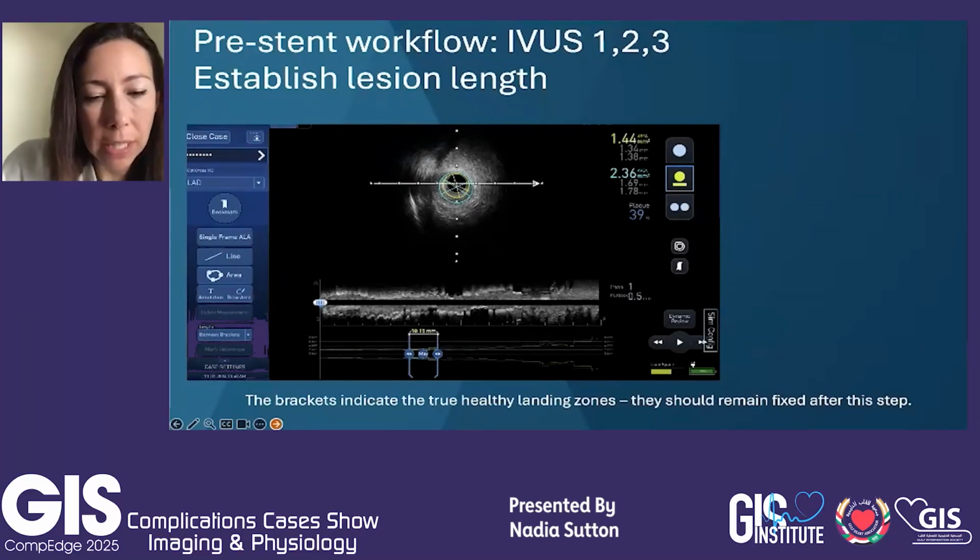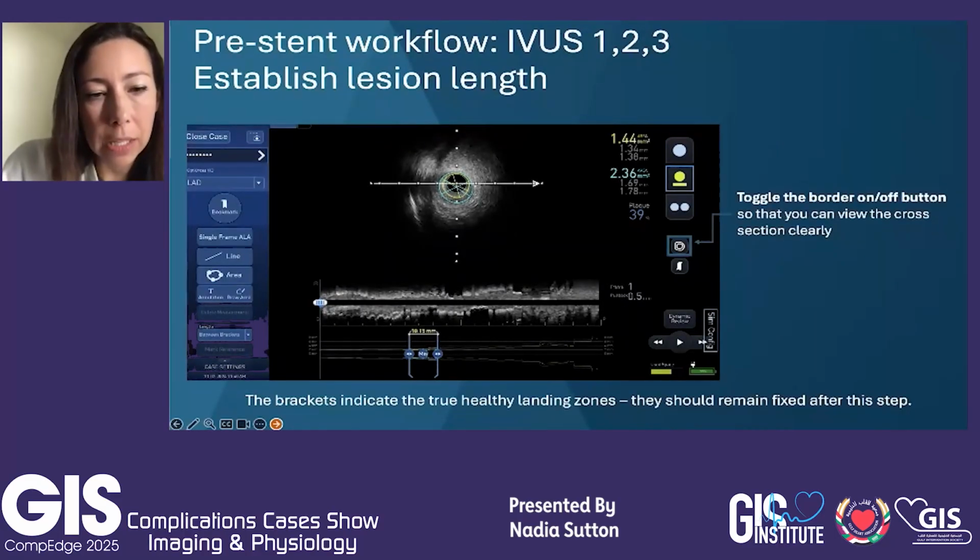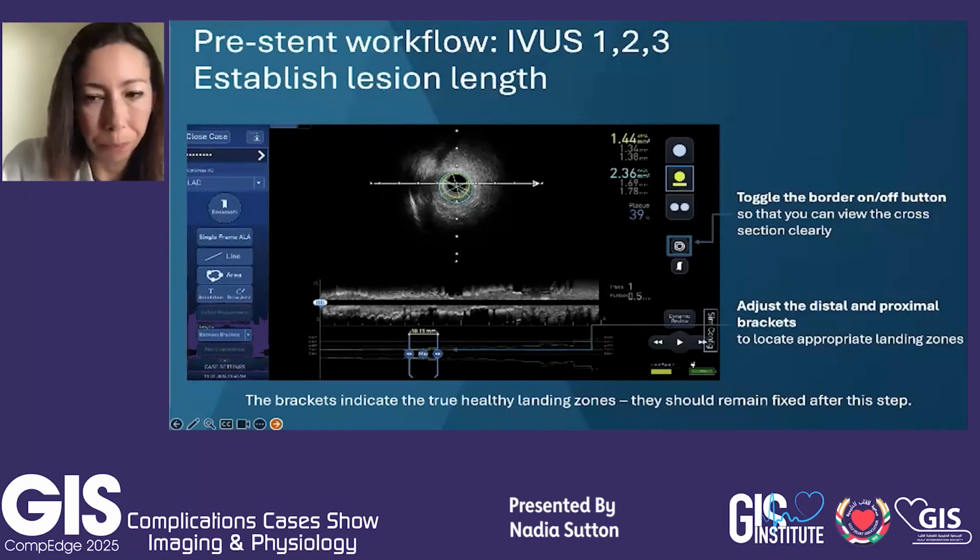So once you've identified your healthy landing zones, you want to keep the brackets where they are. That would be keeping those fixed to determine your lesion length. And in this particular software, we have this toggle button on the right-hand side. You can actually remove the cross-sectional lumen area and vessel area if you want to be able to see your plaque morphology a little bit better.